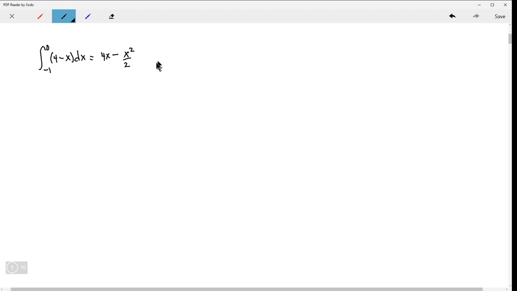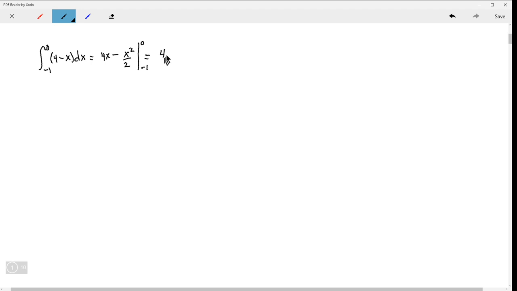Now, instead of saying plus c, because I have bounds, I'm just going to make a little note here. These are my bounds. That's a difference in notation when we're dealing with a definite integral. Now I'm going to apply the fundamental theorem of calculus, which means basically I plug in. I take the top number and I plug it in.